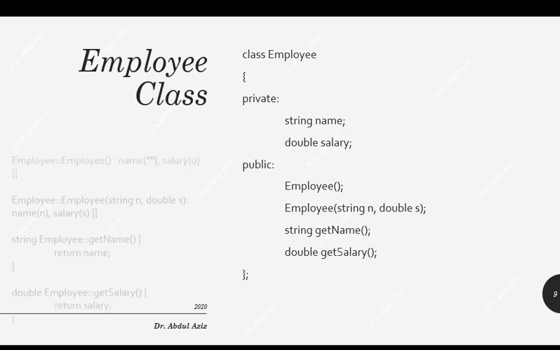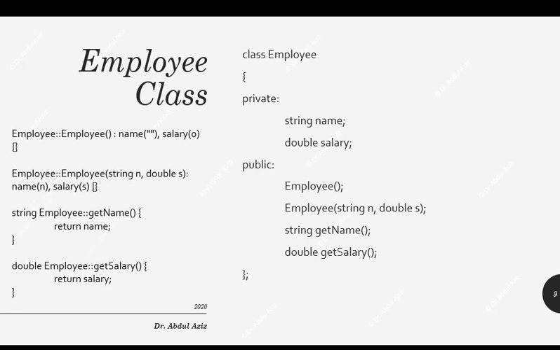We have getSalary, and the details are on your screen. These are simple functions. We have a null constructor. We have a parameterized constructor that is going to accept data from the user and assign these data to the variables. And then we have getName and getSalary that simply return the name and the salary of my employee.